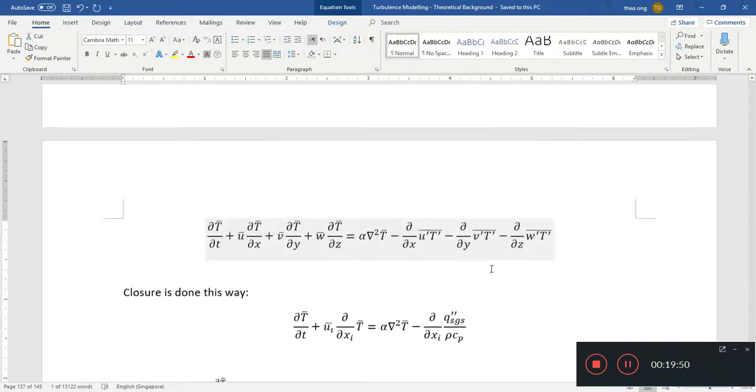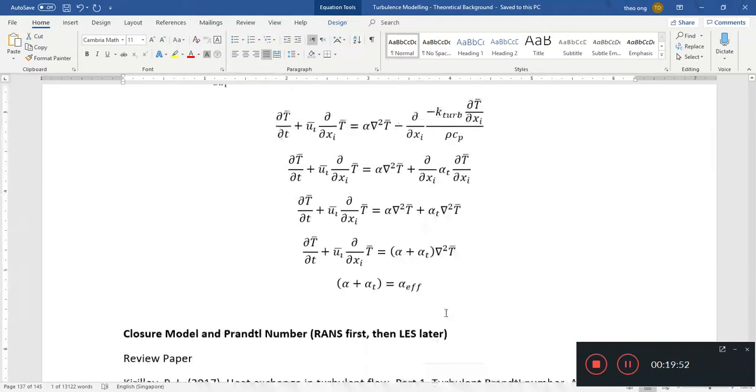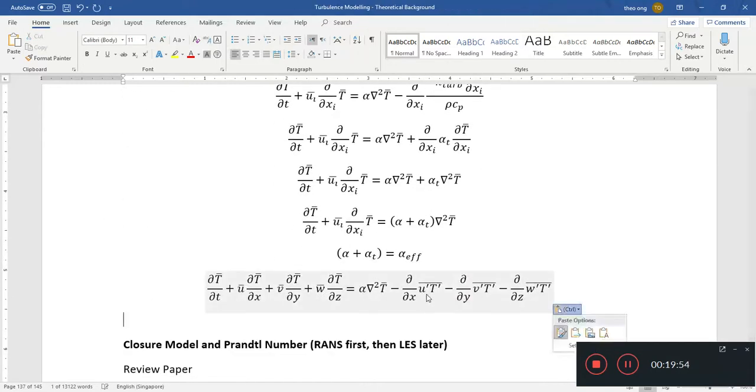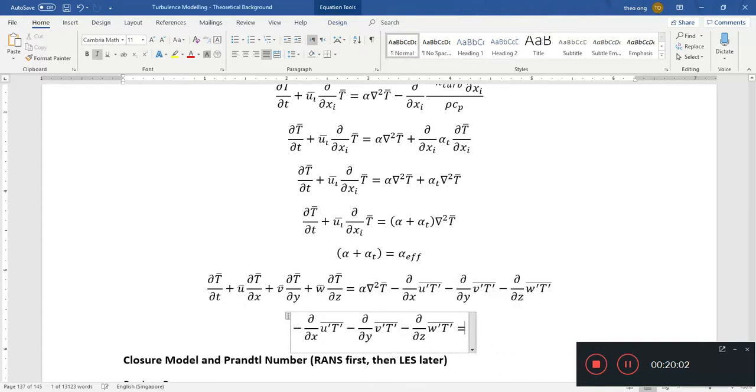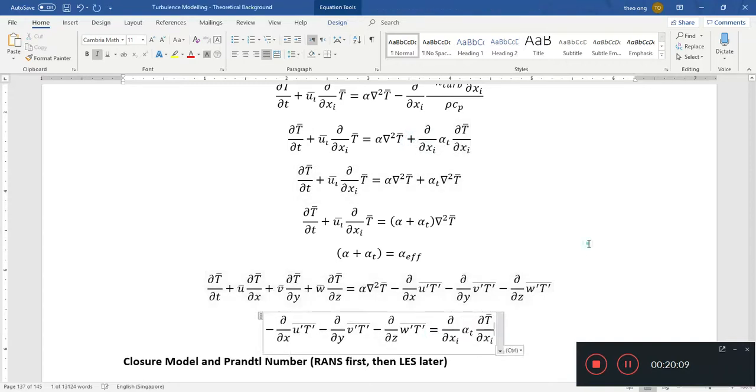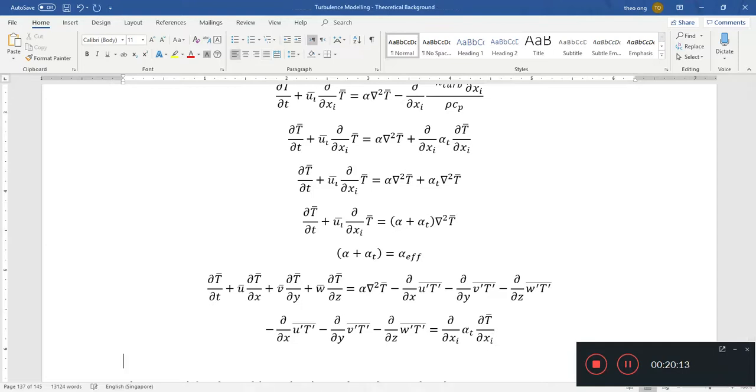Now, if you do the same for this part, we get the same result. When you model these three things simply as this, it's the same idea. You will still get the same equation over here.